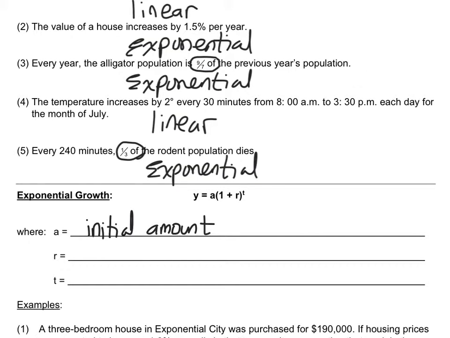Or your starting amount, however you want to say it, but it's an amount, it's a quantity. R is the rate of growth or decay, in decimal form.